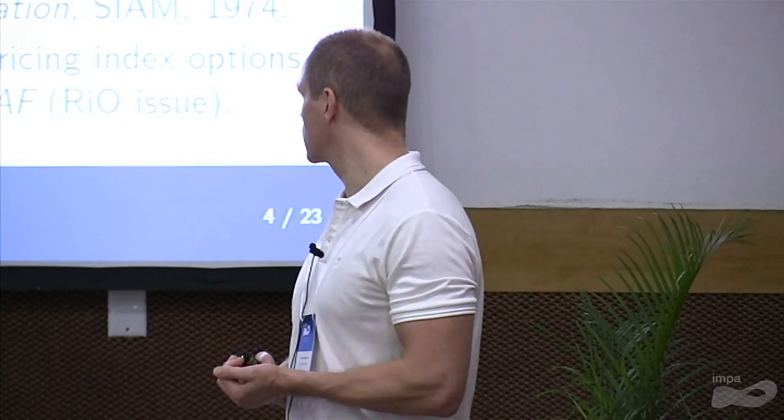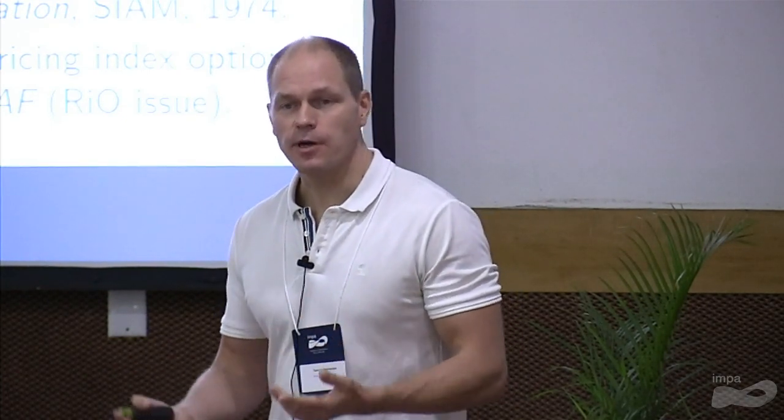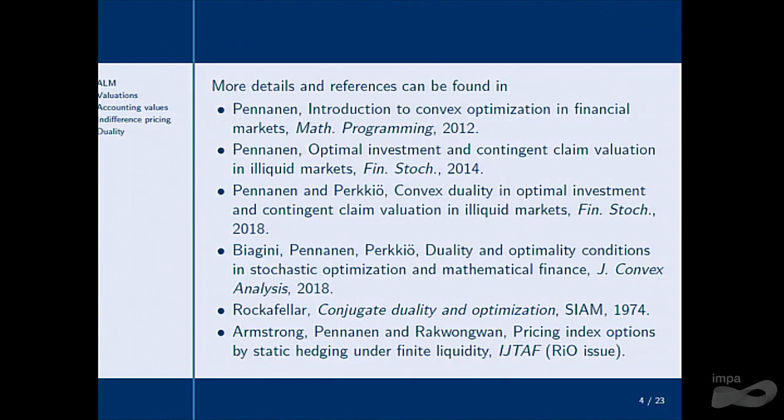When Terry started working on these topics in the early 60s, that was a time where linear programming duality was already established. I think the first versions by von Neumann. And then Fenchel duality was already created. And then what Rockafellar did in his early work, he brought everything together in a very, very general functional analytic framework of convex optimization duality, which covers, you can say, everything in convex duality.